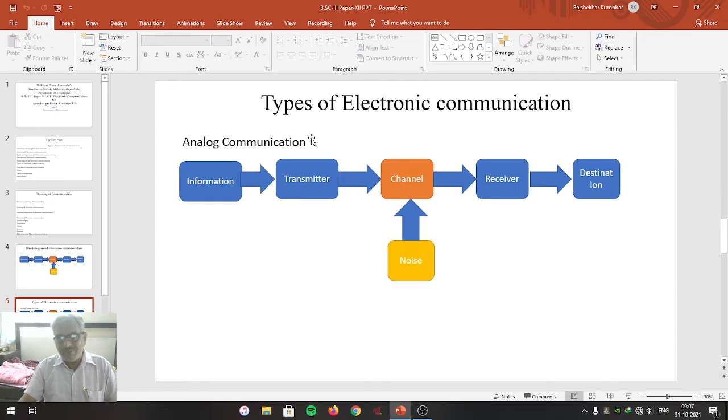Thus we can say the analog communication system consists of the source of information. Again, the source of information is a physical quantity.